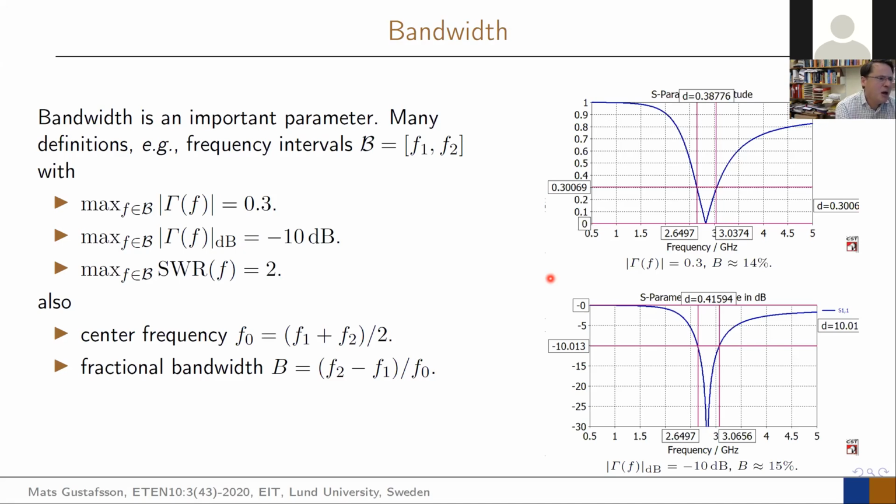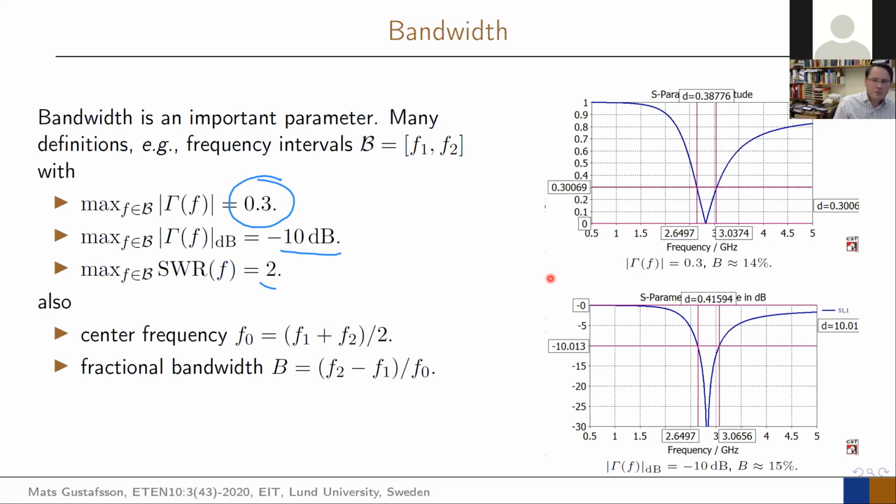So that means that you have to say, what do I accept? And then you say, over what bandwidth do you actually have this matching? So let's take one example here. Let's assume that you allow 0.3 of the reflection coefficient. Or you can say, I allow maybe minus 10 dB or standing wave ratio 2.